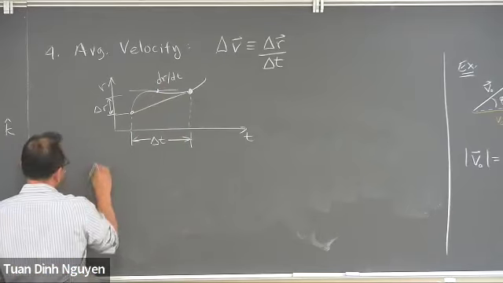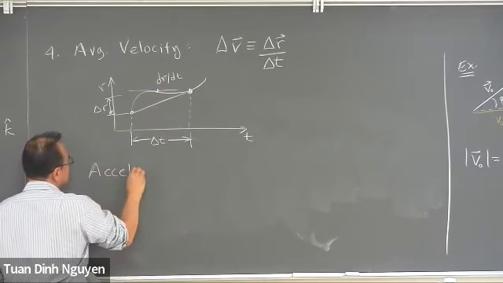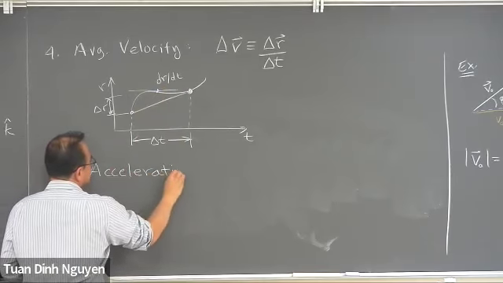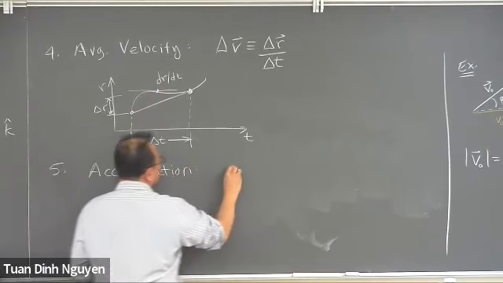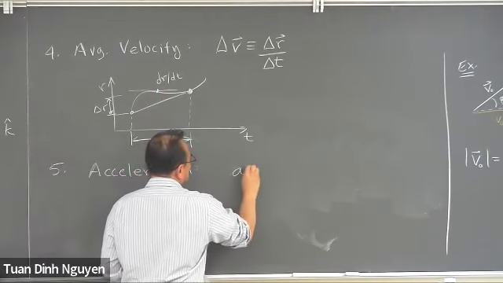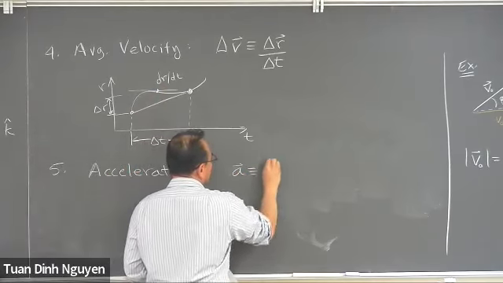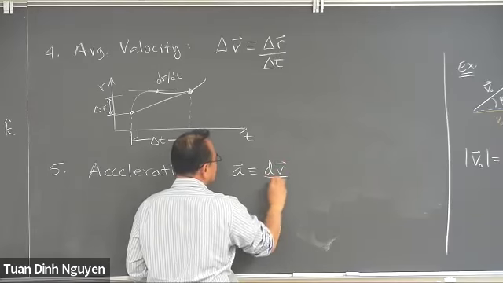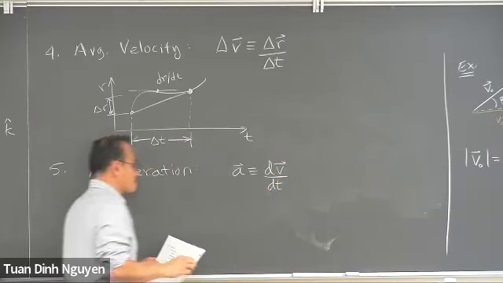Five would be acceleration, or instantaneous acceleration. And the idea is the same. You're taking the derivative of the velocity with respect to time.